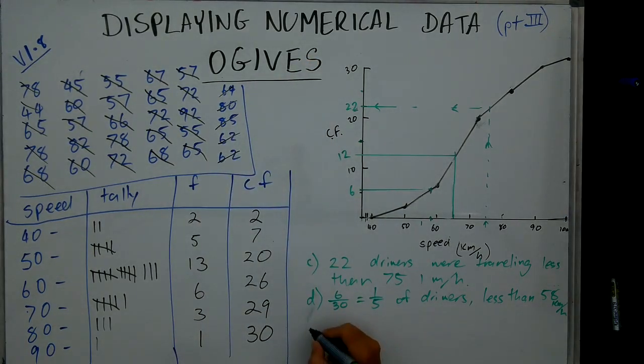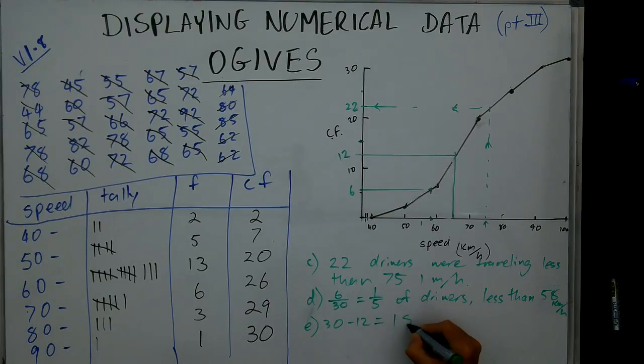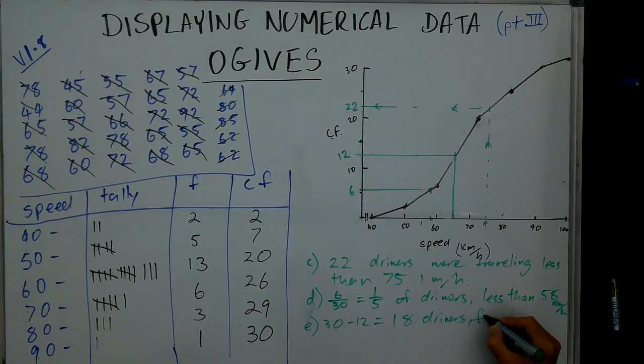So we've got to do a little subtraction. 30 take away 12, and that is 18 drivers faster than 65 kilometres an hour.